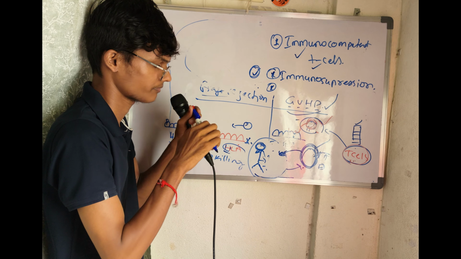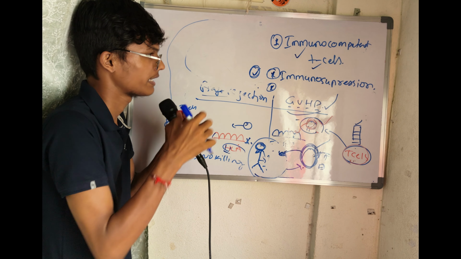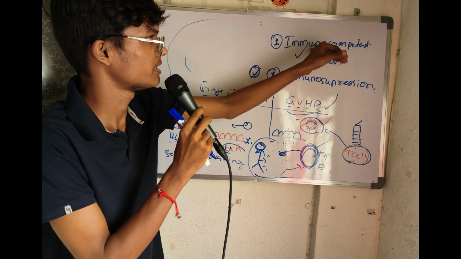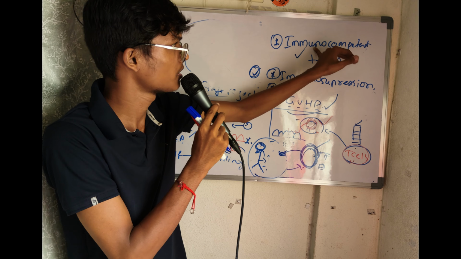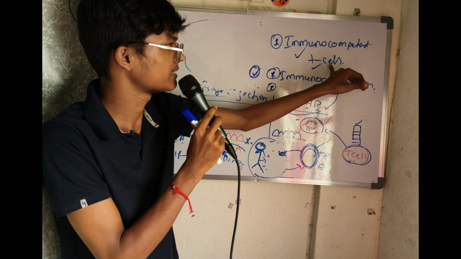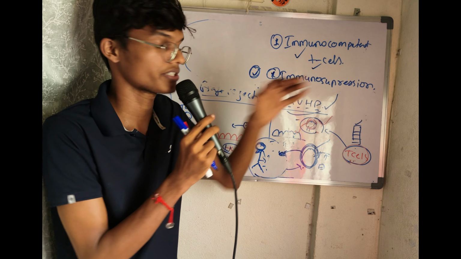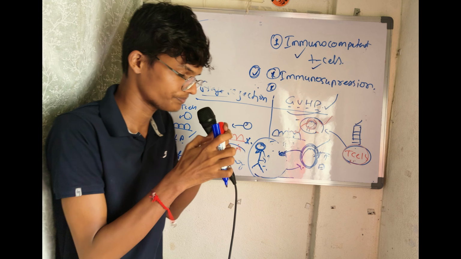Third point is, first one we spoke about was immunocompetent T cells being present. Second one, immunosuppression. And one more: see, this is the donor and this is the recipient. I have different antigens, you have different antigens, and every person has different antigens.